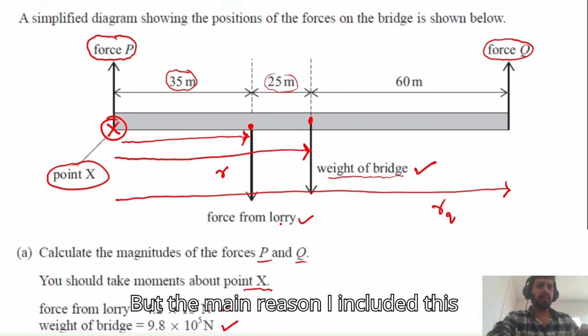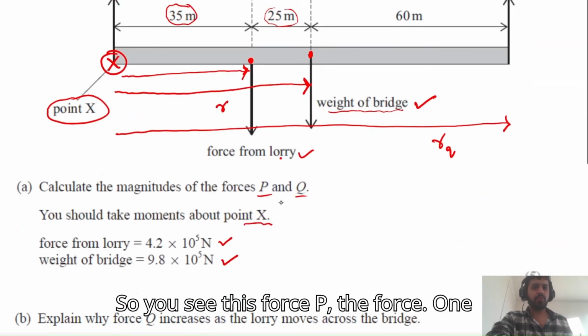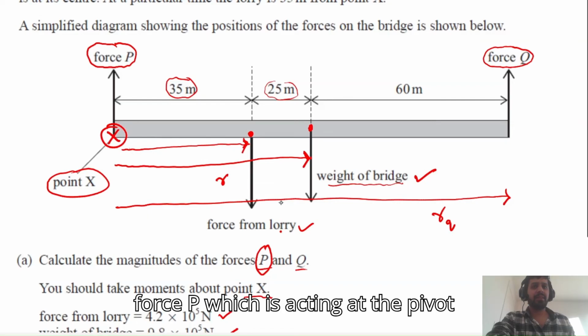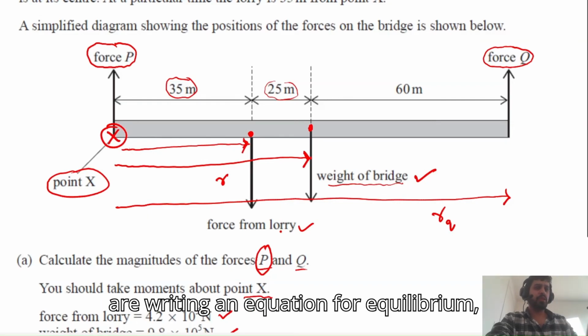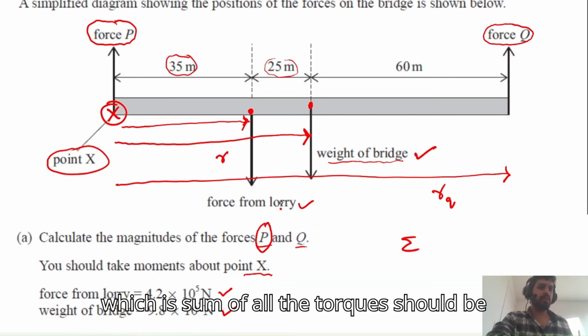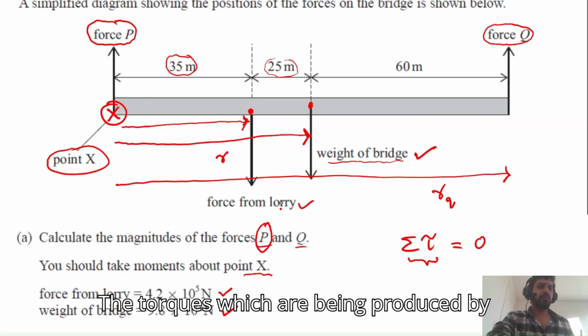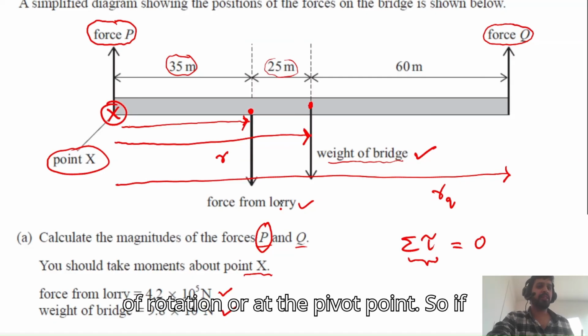But the main reason I included this question, so you see this force P, one of the forces that we have to find is force P, which is acting at the pivot point. You have to remember that when you're writing an equation for equilibrium, which is sum of all the torques should be 0, in this equation, you don't take the torques which are being produced by the forces which are acting at the point of rotation or at the pivot point.